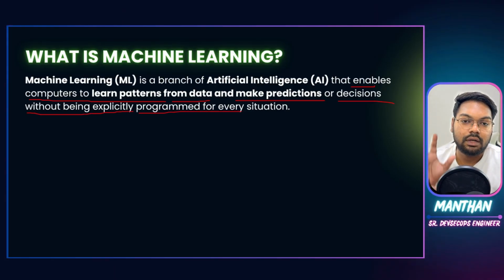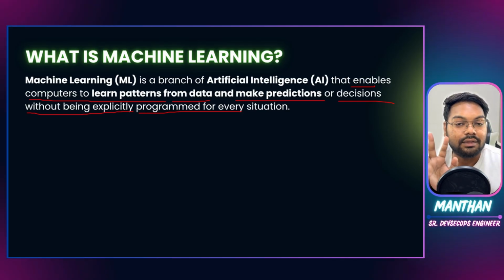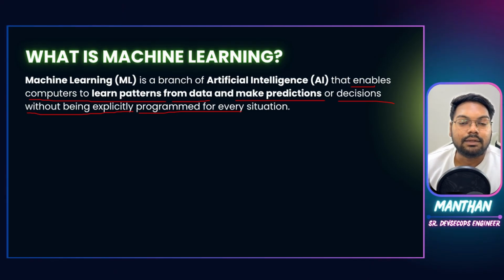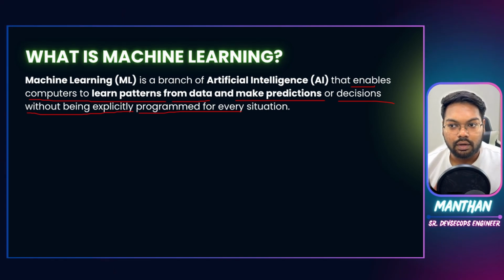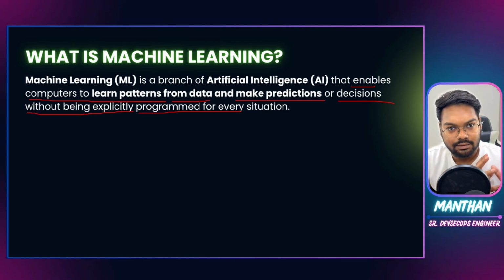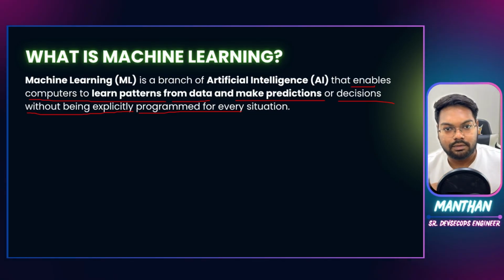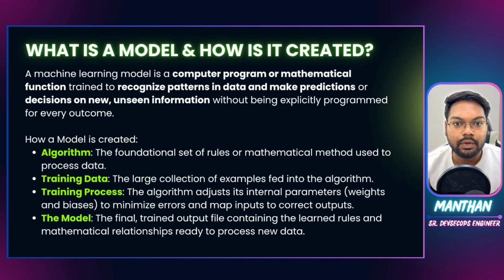So once you show it a picture of a dog and ask it what it is, it would give you the answer without any human needing to program that this is a dog or a cat or something else. Do you get the gist of it? It is like training a machine to function as humans. So that's basically what it means.